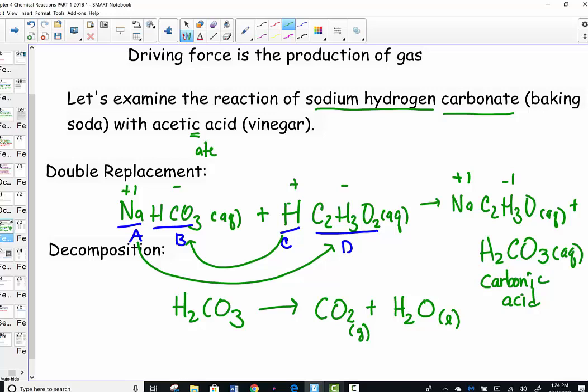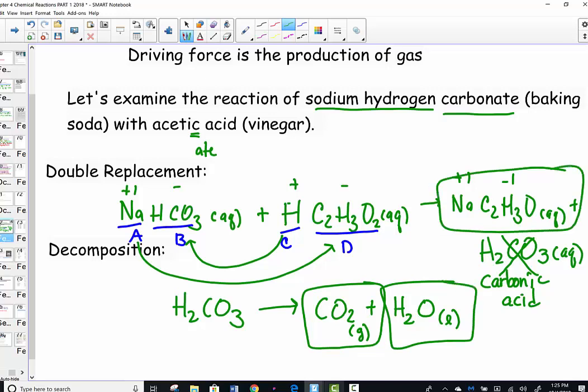So when we see carbon dioxide generated, we do a double displacement first and then decompose the acid, so that at the end, there's actually three products to our balanced equation. Because the carbonic acid decomposed into carbon dioxide gas and water, and still in that water would be the sodium acetate. There's three products at the end.